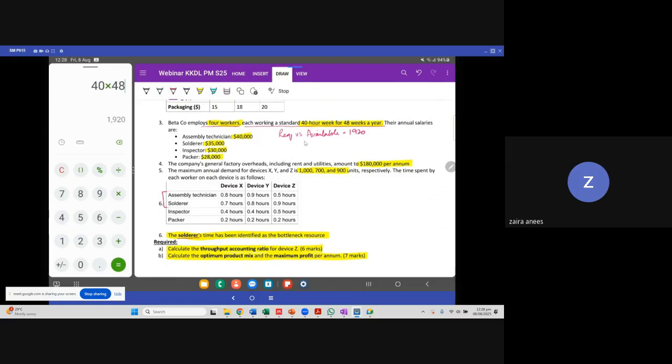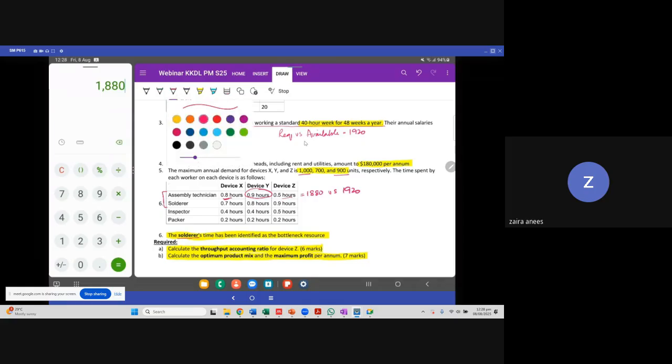Let's start with this. 0.8 hours for device X multiplied by 1,000 units of device X, plus 0.9 hours for device Y multiplied by 700, plus 900 multiplied by 0.5, gives 1,880 versus 1,920. We have excess time. This is not a limiting factor.